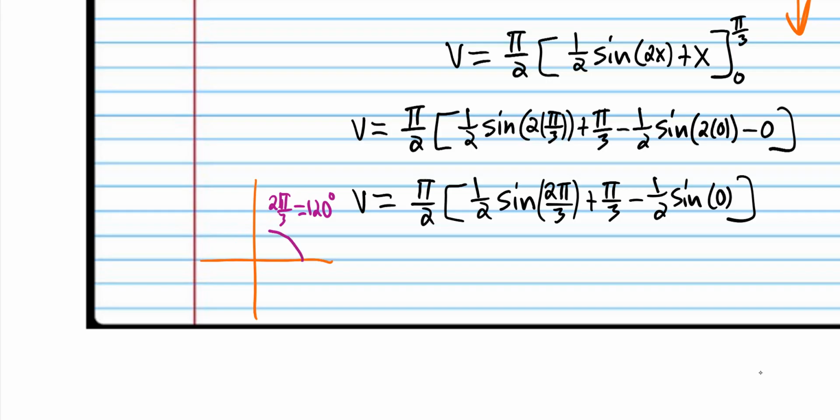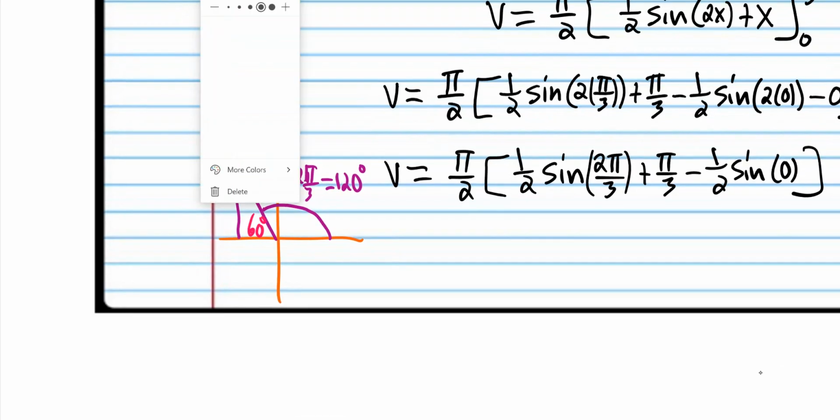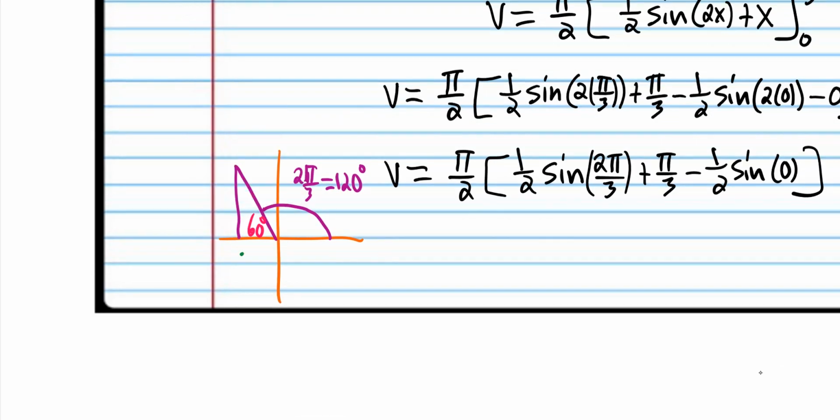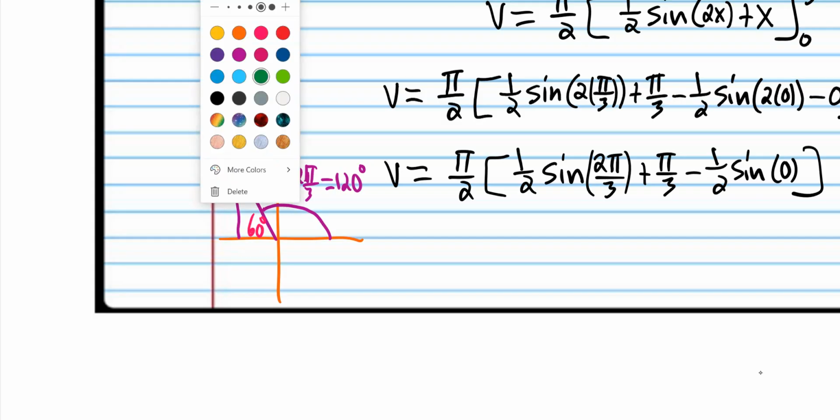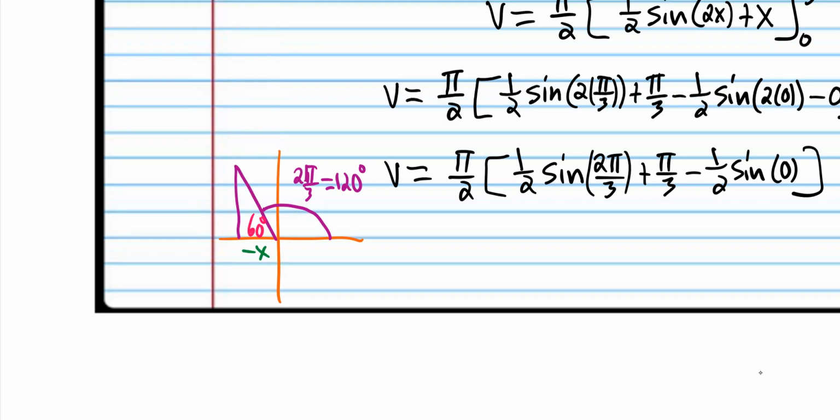Then we see that our reference angle is 60 degrees, and we're dealing with a 30, 60, 90 degree triangle. This side over here is negative x, and this side is positive x root 3.